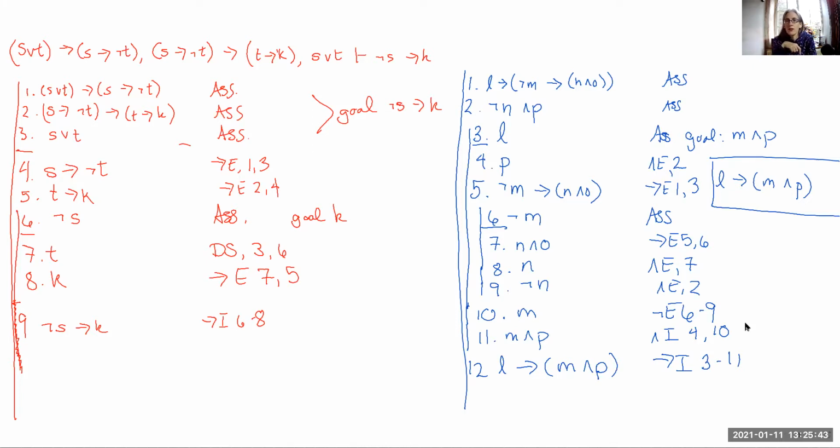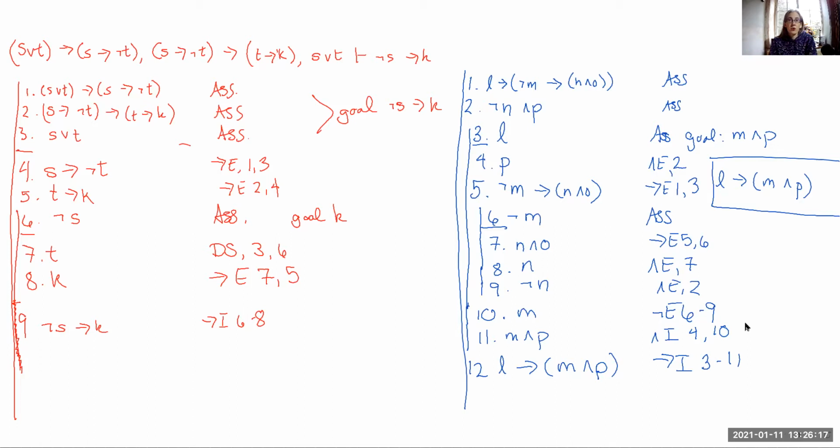There's a couple of other ways that I could go about doing this as well. The fact that we know that N is false means that we also know that the conjunction of N and O would have to be false as well. So I could have gotten not N and O and then used modus tollens to get not M and then double negation to get M. So one thing to recognize with these proofs is that there isn't one right way or one smart way or one quick way or one natural way.